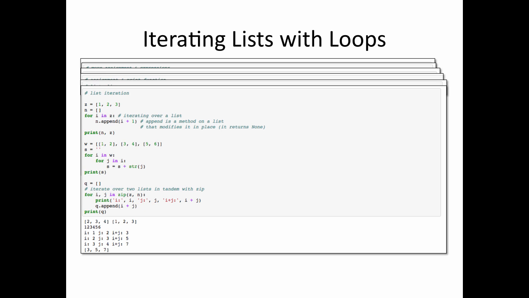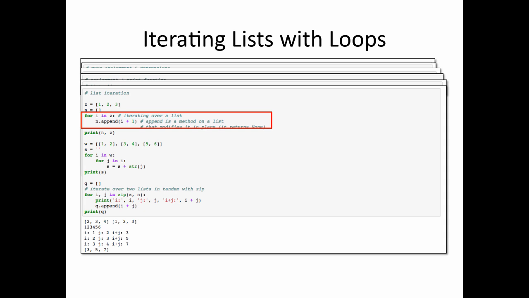So let's see how to do it. Python has a for loop structure, which is very similar to many other languages. Here I say for i in z, which means I have a variable i, and I'm going to assign every element in z, taking turns, to the variable i.